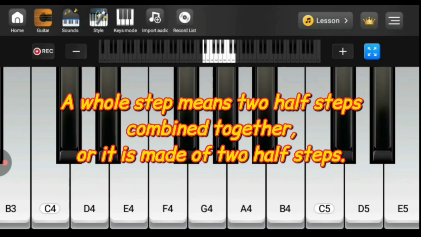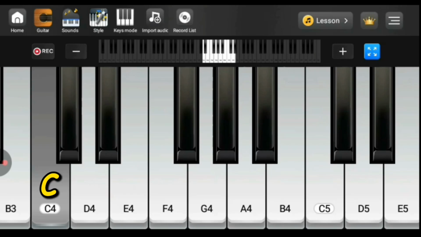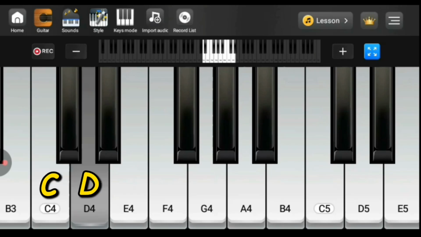A whole step is simply two half steps combined together, or a whole step is made up of two half steps. This is what I mean. From C to D is a whole step. Reason being that it combines two half steps together.